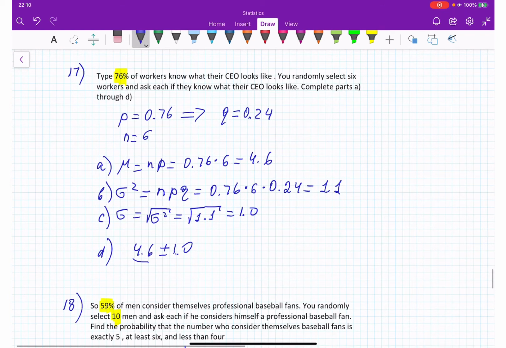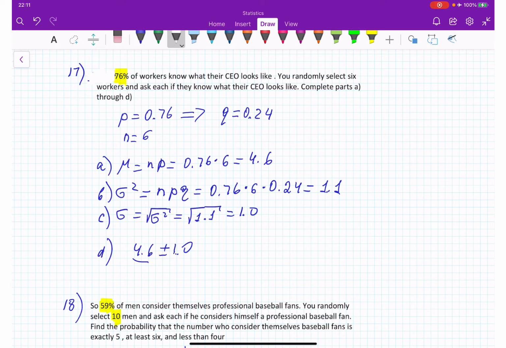Question number 17. About 76% of workers know what their CEO looks like.